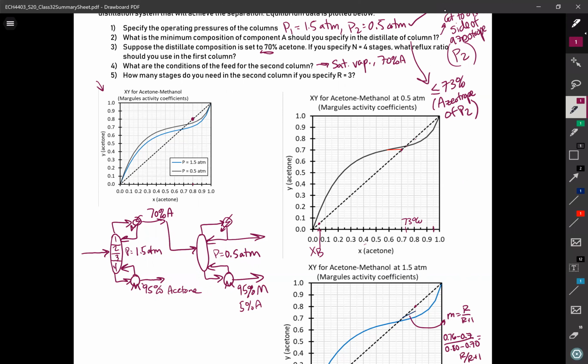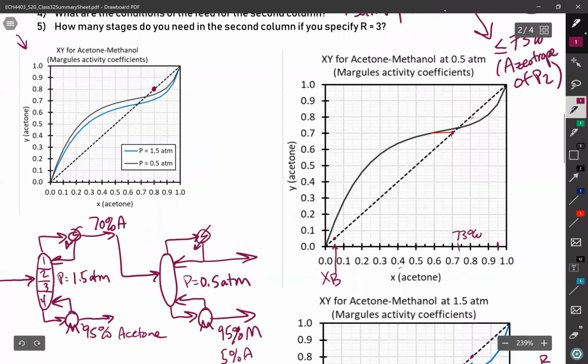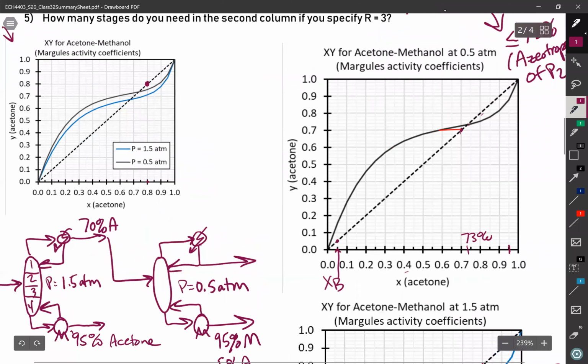All right, now my XD, I definitely need to zoom in, but I have freedom to choose whatever I want. And it doesn't really make sense to constrain anything too crazy, but it's got to be in between what the feed is and what the azeotrope is. That's the only thing I could possibly do.